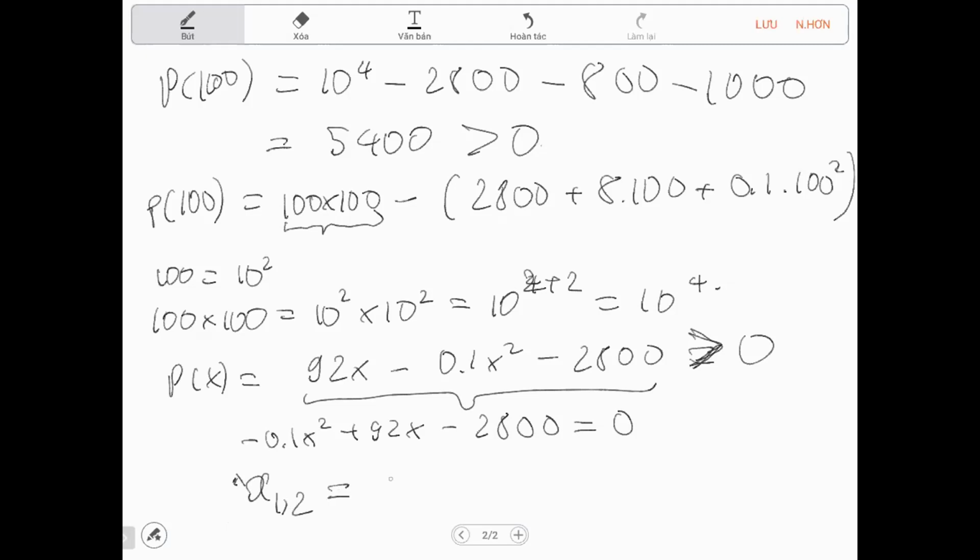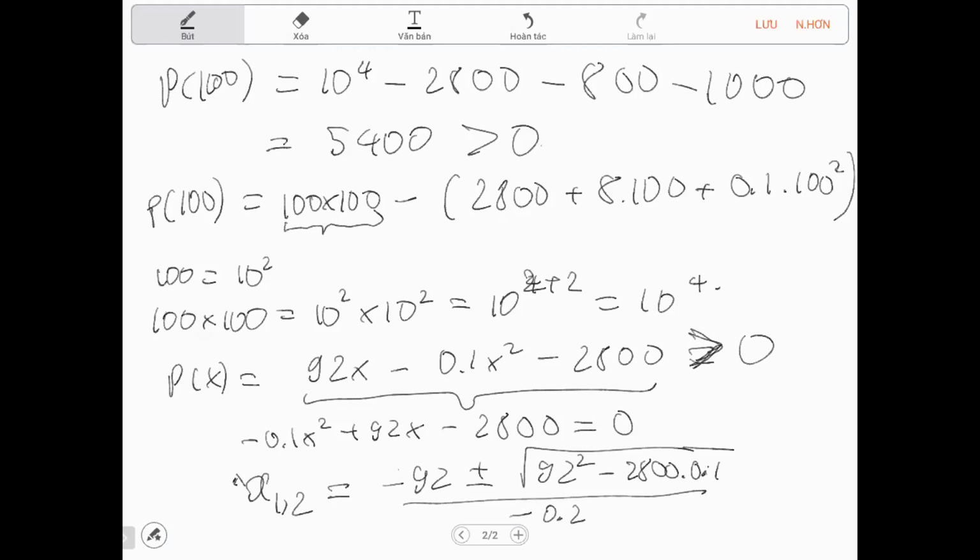So it's equal to minus 92 plus or minus the square root of 92 squared minus 8,000 times 0.1, divided by 0.2 minus 2. Okay. So we basically have two solutions. One is negative and the other is positive.